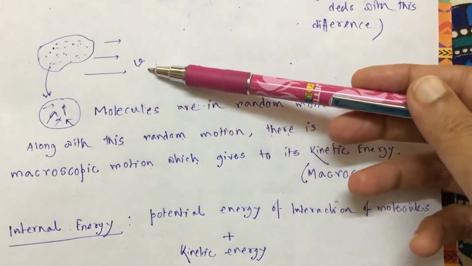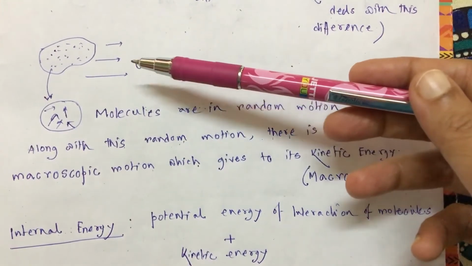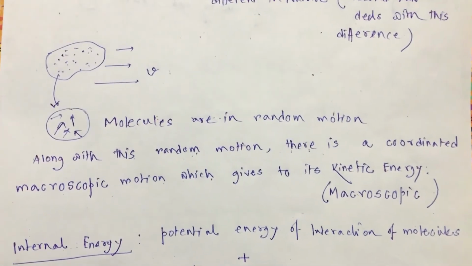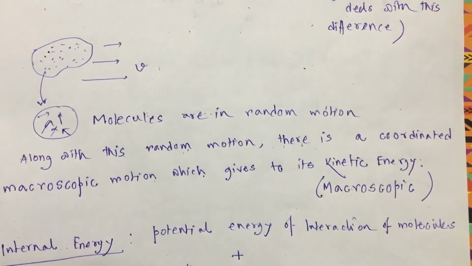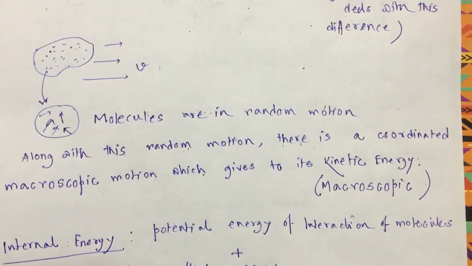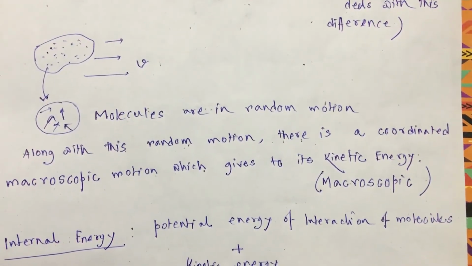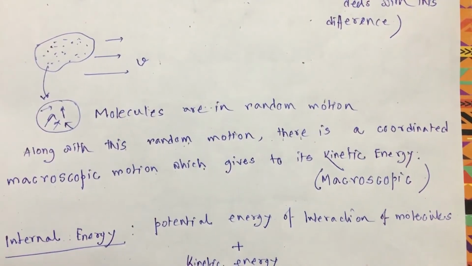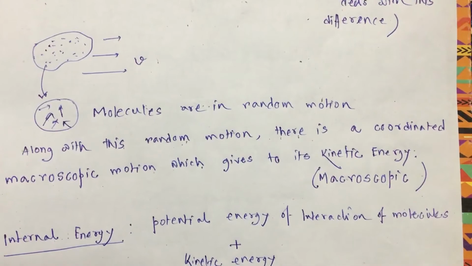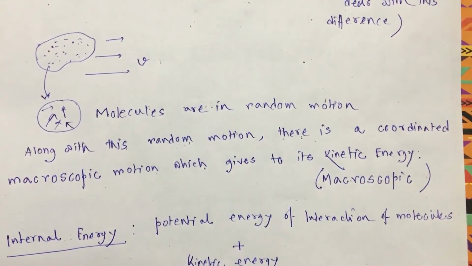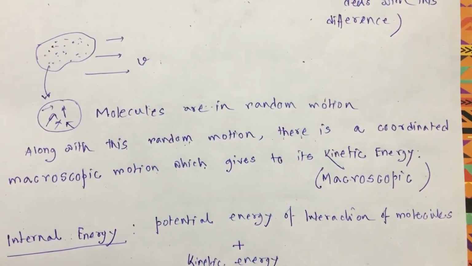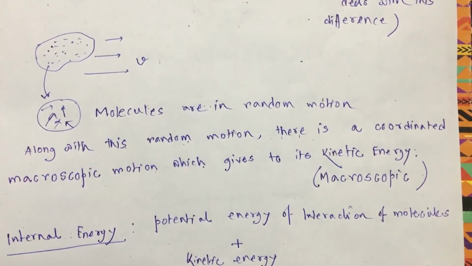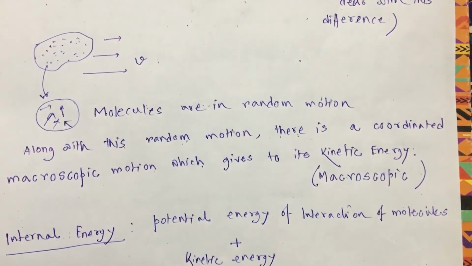But along with this random motion, there is a superimposition of a coordinated macroscopic motion, which leads to macroscopic mechanical energy. So the kinetic energy associated with this coordinated macroscopic motion is what we call the kinetic energy of the moving body, and the kinetic and potential energies associated with the random motion constitute the internal energy.